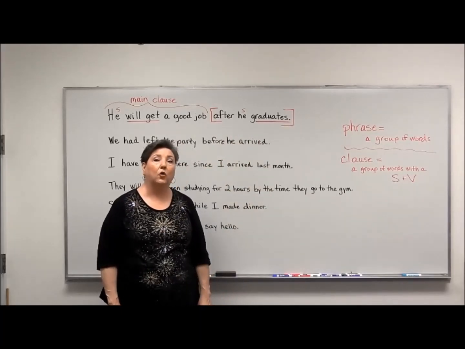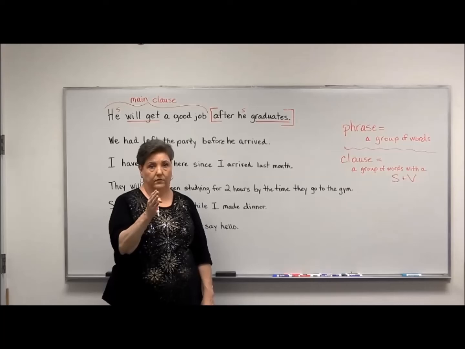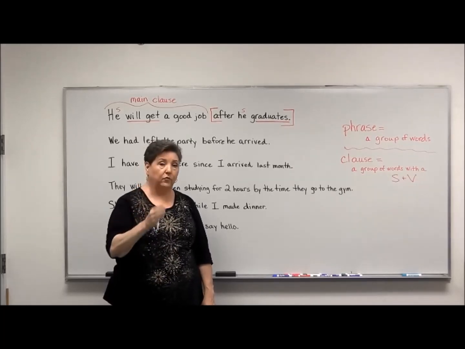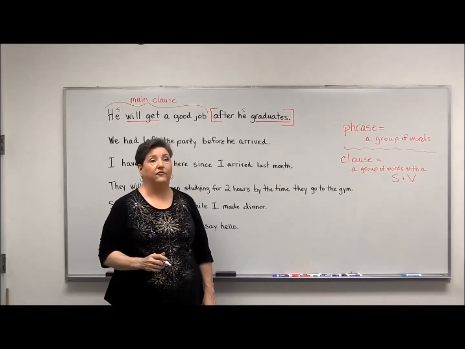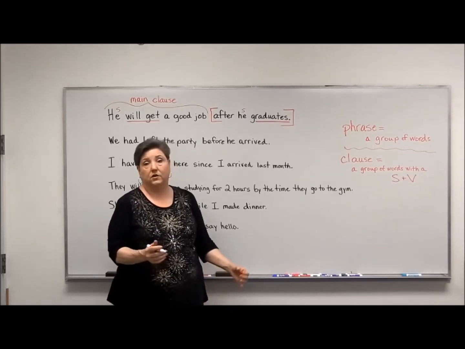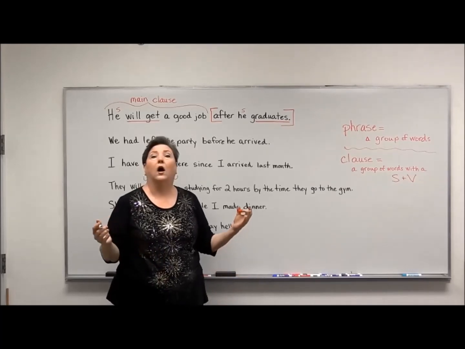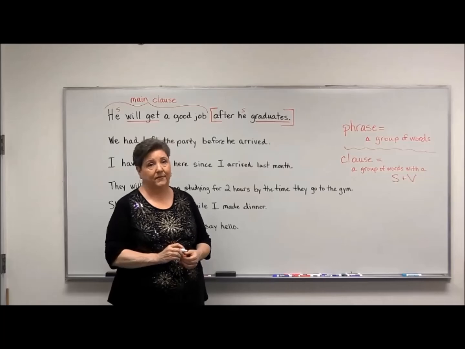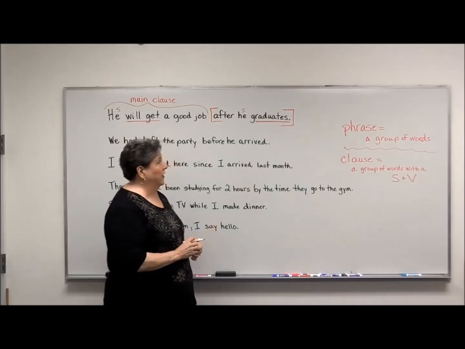Time clauses always start with a time word in that list that I gave you earlier. Those time words, before, after, by the time, when, while, until, as soon as, as long as, the next time, all of those words can start a time clause in English sentences. So that's a time clause.